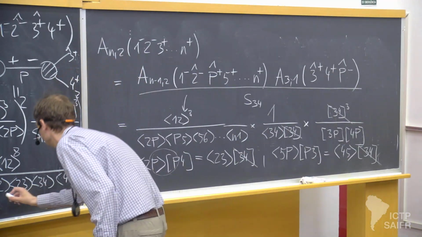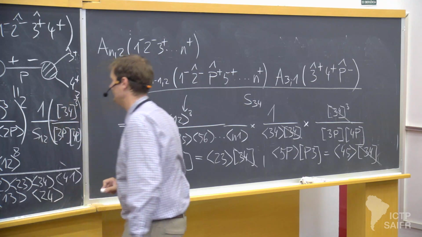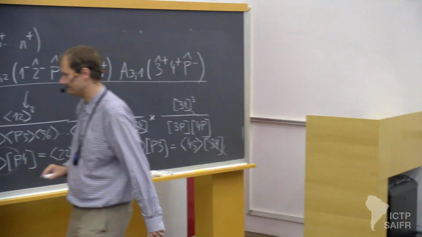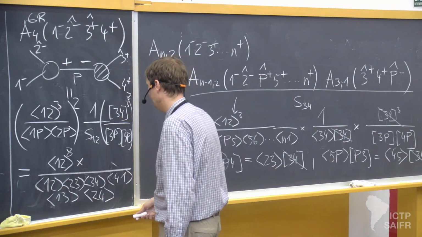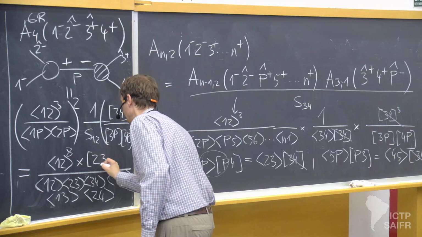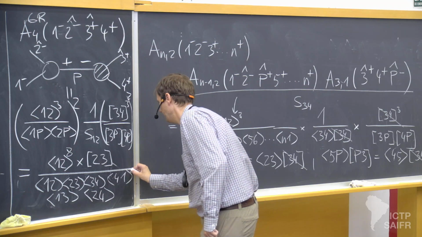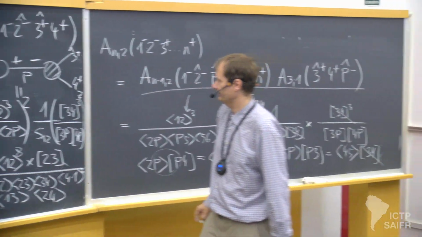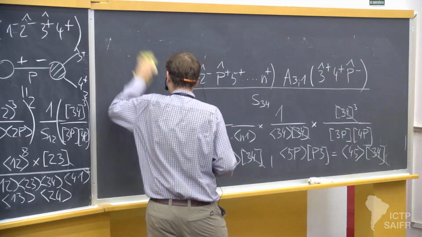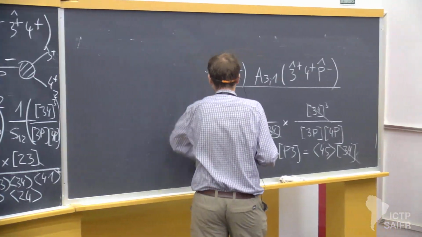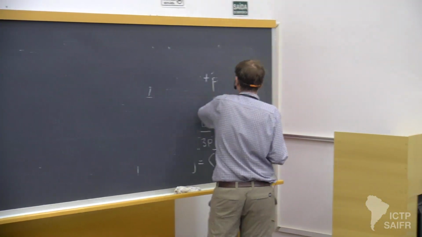You get also ⟨1 3⟩ and ⟨2 4⟩, which were not present. And if you do the calculation one way, you also get a square bracket [2 3] in the numerator, and you get a square of the bracket [1 4] in the denominator. So I write the formula again. This is just a straight result of the recursion relations without doing any more work.